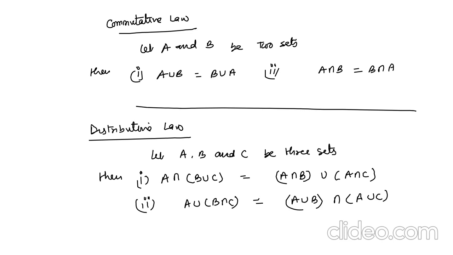When we solve problems by using the distributive law, we take intersection as multiplication and union as addition.